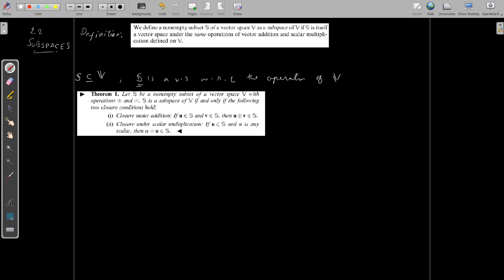To prove this theorem, we first assume S is a subspace. That means S is a vector space in its own right, and we will prove the closure properties hold. That is a trivial thing.